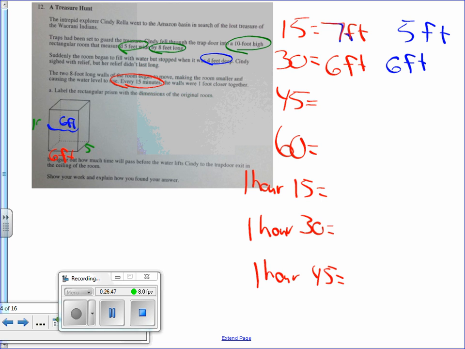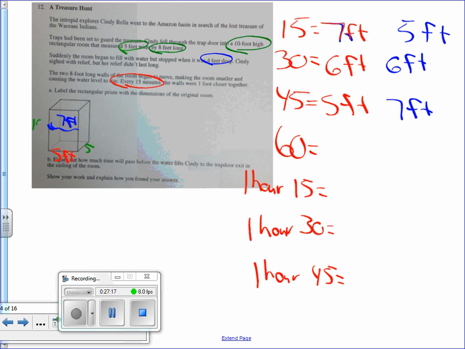After that, what's going to happen? The walls are going to shrink again after 15 minutes. Turn this to 5 feet, which means the water is going to go to 7 feet. This is going to be 5 feet.